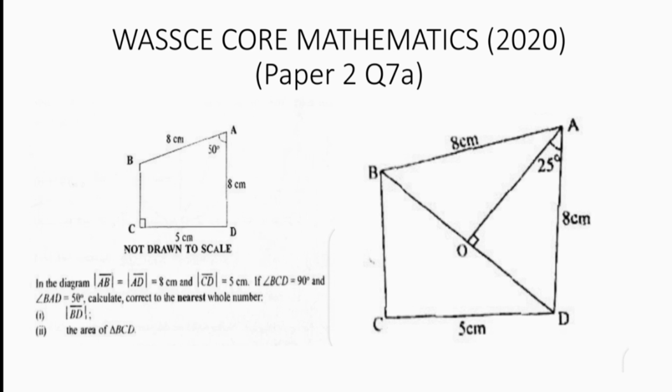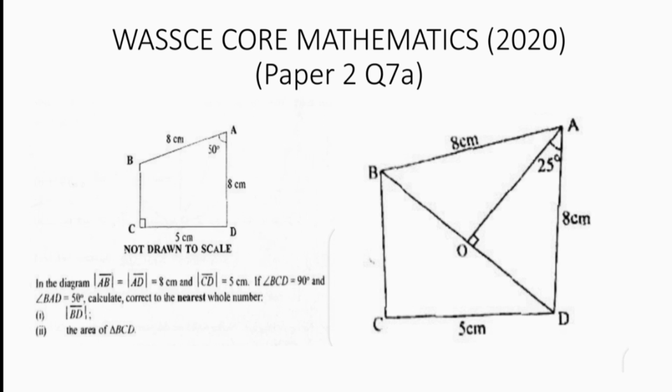we will now apply the sine rule, which will give us, since the triangle BAD is isosceles, we will have angle BAD as 50 degrees, which will leave 130 degrees, since the sum of interior angles of a triangle is 180 degrees.